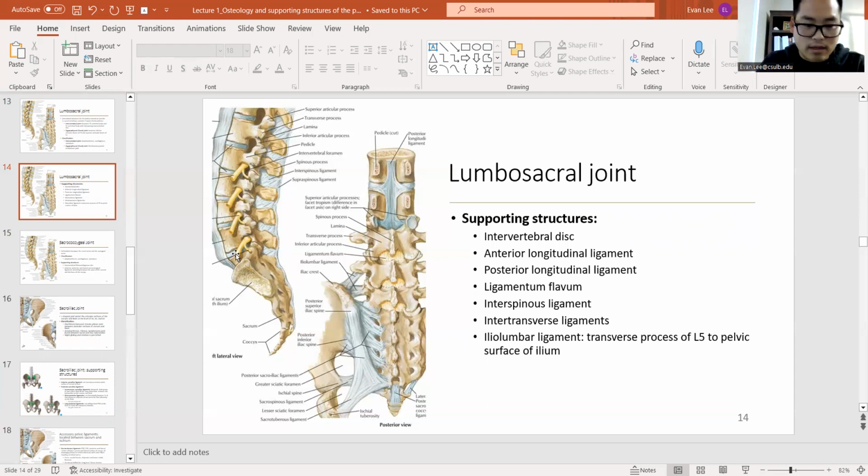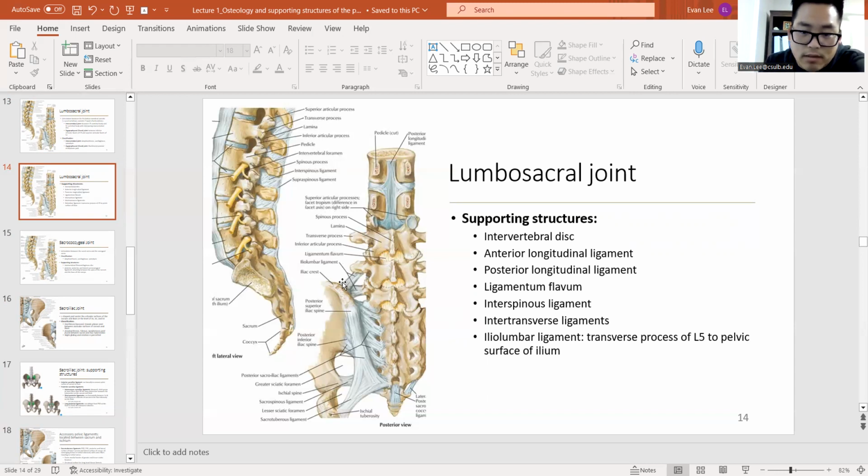Now, in this case, you have a couple of different ligaments as well. If you look closely over here on the sides, these are going to be the iliolumbar ligaments. The iliolumbar ligaments are going to be from the transverse processes of L5 to the pelvic surface of the ilium.